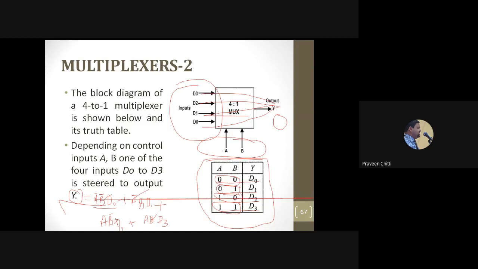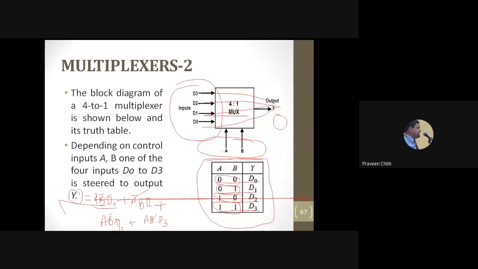So you can easily write the equation again. How many product terms will the equation consist of? Not 4, 8 product terms. Each product will have 4 variables. Is that clear?